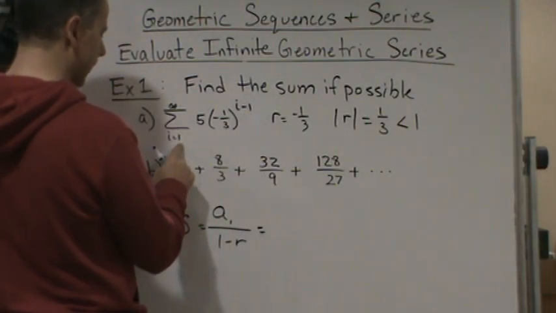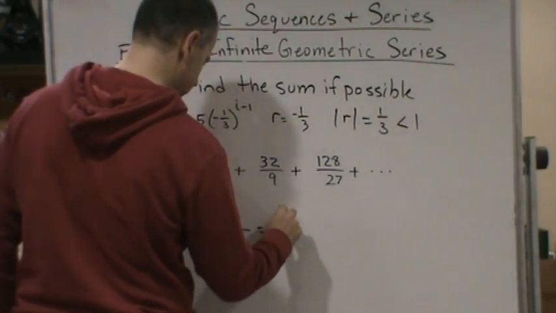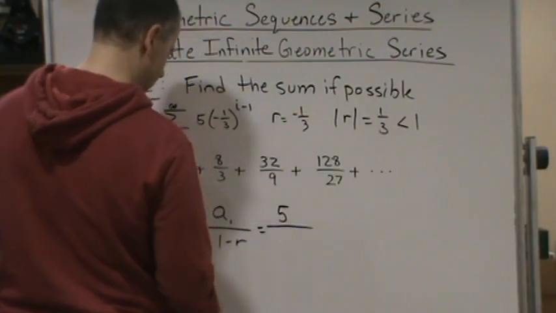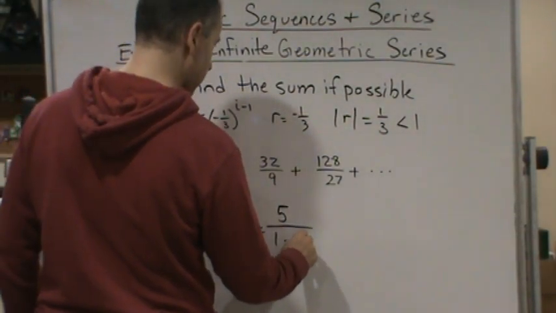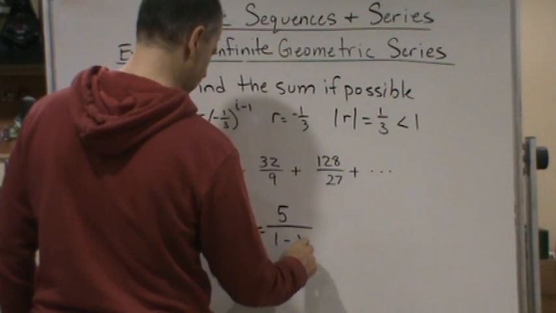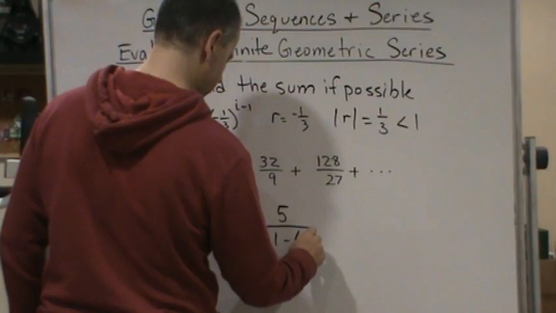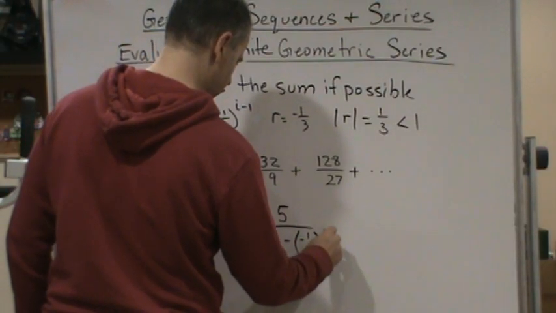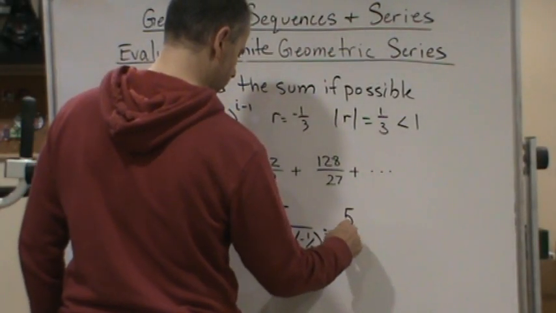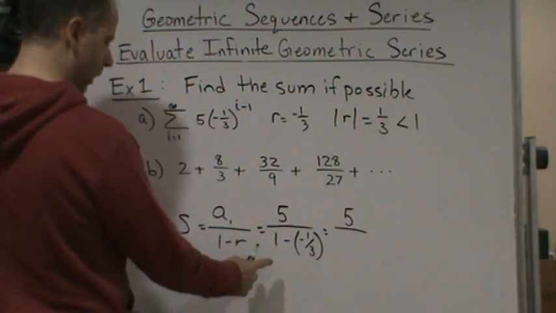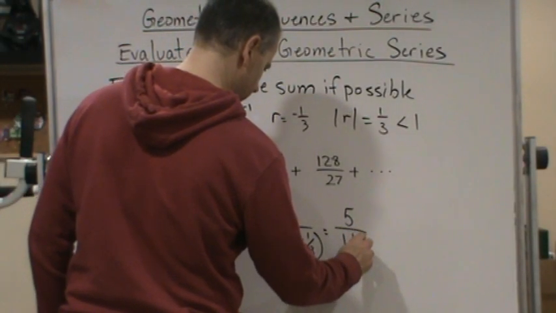So now the first term is going to be what? Well, when I equals 1, the first term is 5. And then 1 minus R, so that's going to be 1 minus negative 1/3. Right? And so that's going to be 5 over 1 plus 1/3, which is 1 1/3.